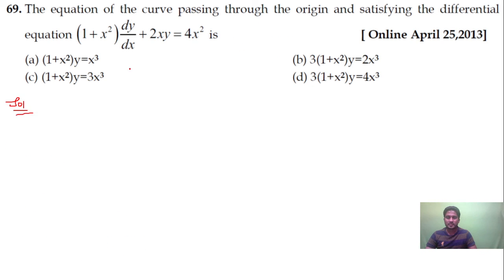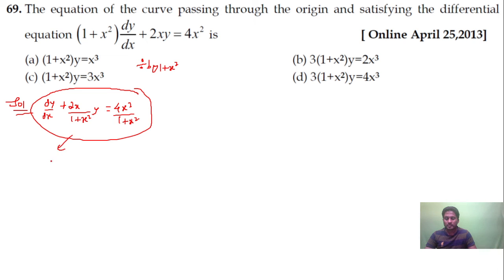This is a simple question, guys. It's directly in standard form. Divide by 1 plus x square, linear differential equation. You will get dy by dx plus 2x upon 1 plus x square into y is equal to 4x square upon 1 plus x square. So this is of the form dy by dx plus py is equal to q.